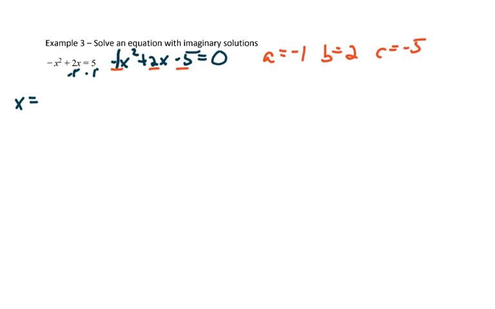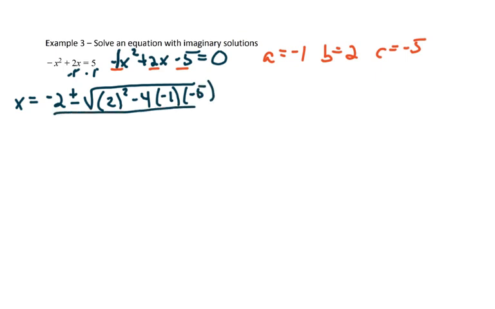And again, remember we've got negative b. Well, b is 2, so that's negative 2, plus or minus big square root of b squared, it's 2 squared, minus 4 times a, which is negative 1, times c, which is negative 5, all over 2 times a, which is negative 1.